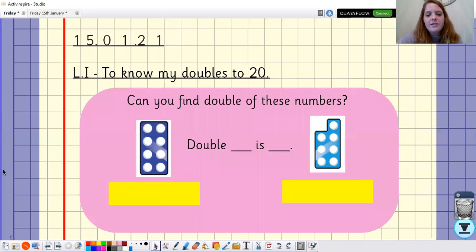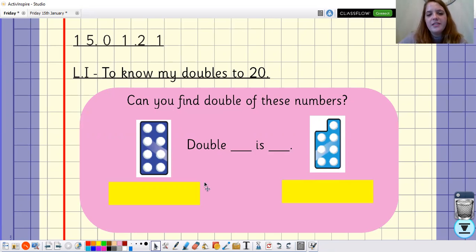Okay, so let's have a go at finding double of some of these numbers then. So let's have a look at this numicon block first of all. Remember, you can count in 2s to find the total of this numicon block. So I want you to find double of this number. And then once you've done that one, I want you to find double of this number. So remember to count in 2s and an extra 1 to count how many that is.